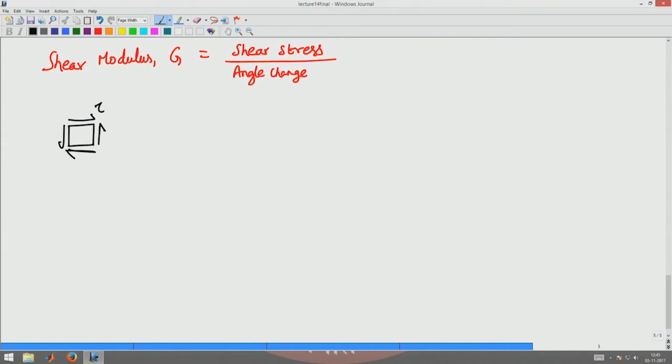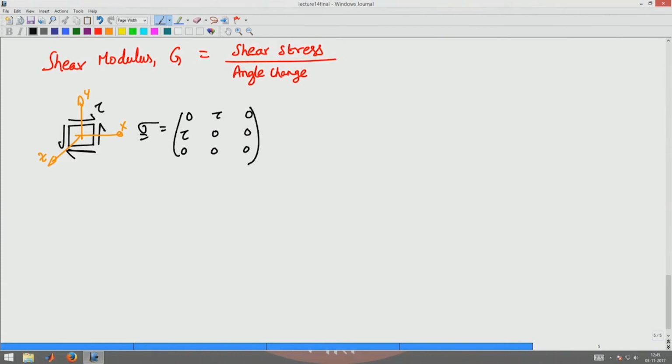Now, what happens is your state of stress is given by, if I assume my coordinate system to be x, y and z as my coordinate system, my state of stress for this particular state of stress is 0 tau 0, tau 0 0, 0 0 0.